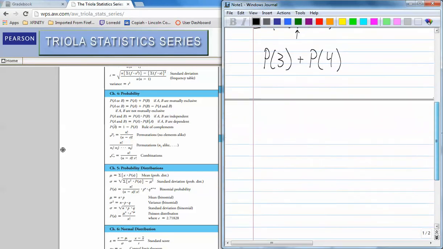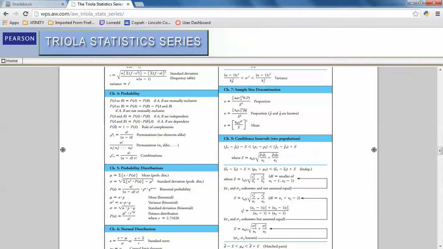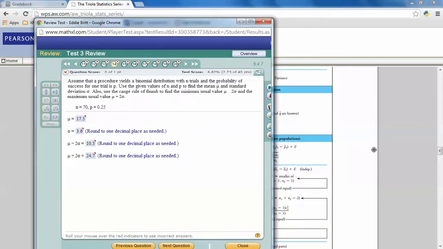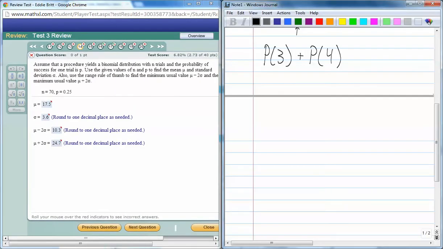For this problem, number 14, mu equals n times p. The problem gives us that n is 70 and p is 0.25. So 70 times 0.25 will give you 17.5.